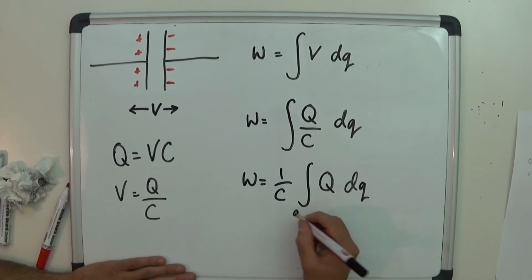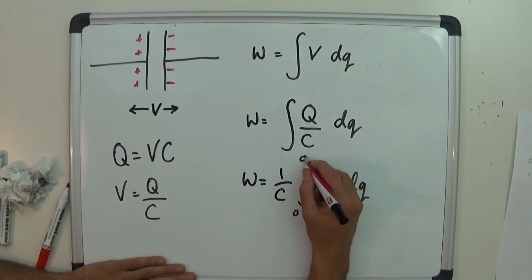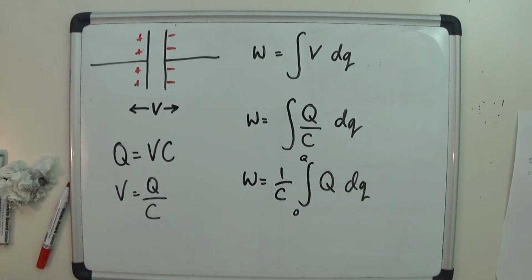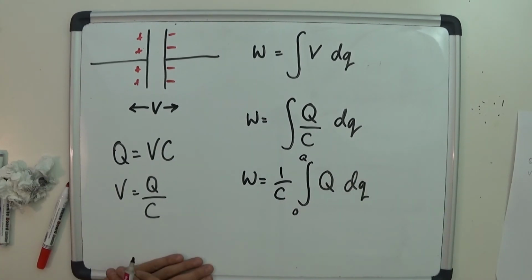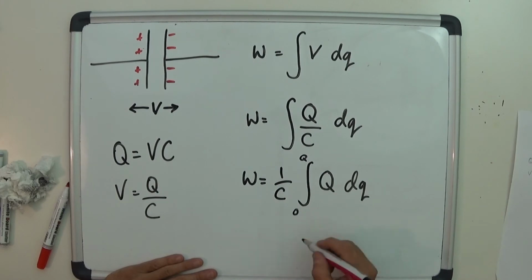Now, of course, we're going to take this from nothing all the way up to, say, plus Q, whatever it is. And we integrate Q dQ, and what does that give us? That gives us Q squared divided by 2.